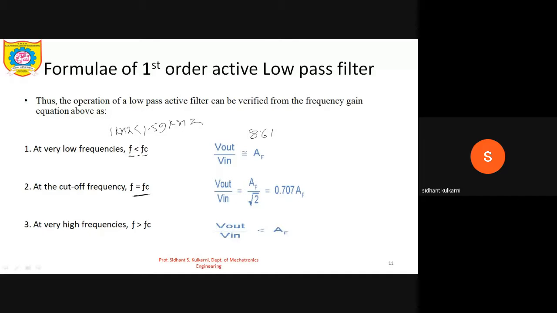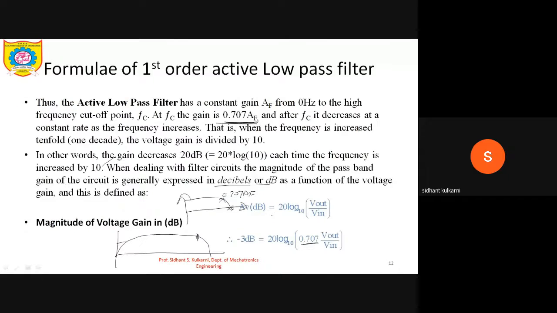See, frequency initially we took as 1 kilohertz, then we calculated the gain with frequency equal to cutoff. We got this as 0.707 times AF, and for a frequency of 10 kilohertz, which is greater than the cutoff frequency of 1.59 kilohertz, we got a gain close to 4, which is very much less than AF. Is it okay? So these are the formulas for a first order active filter, and you can calculate AV in dB as 20 log to the base 10 of V out upon V in. You know that. What is V out?